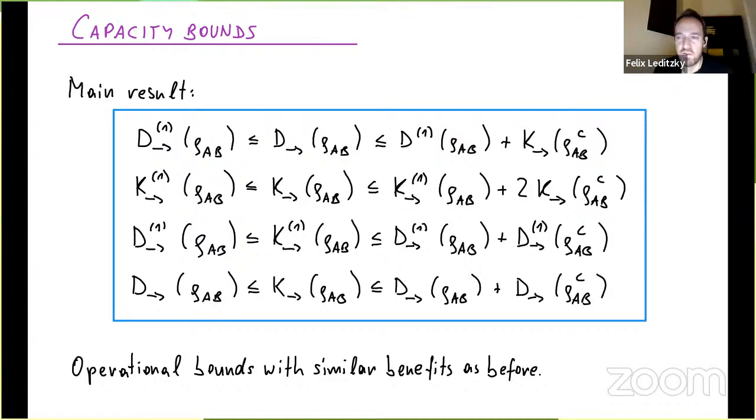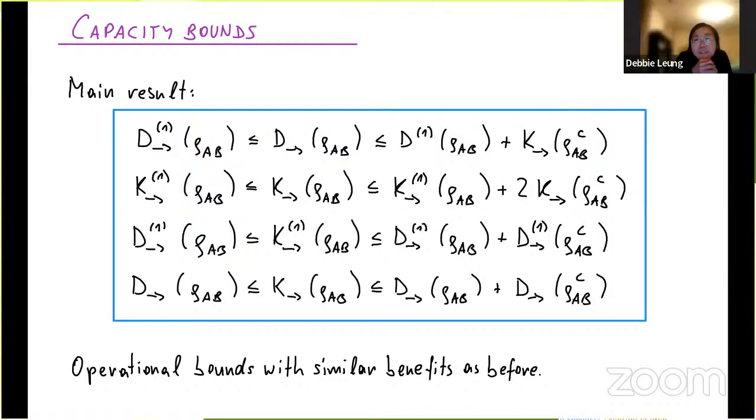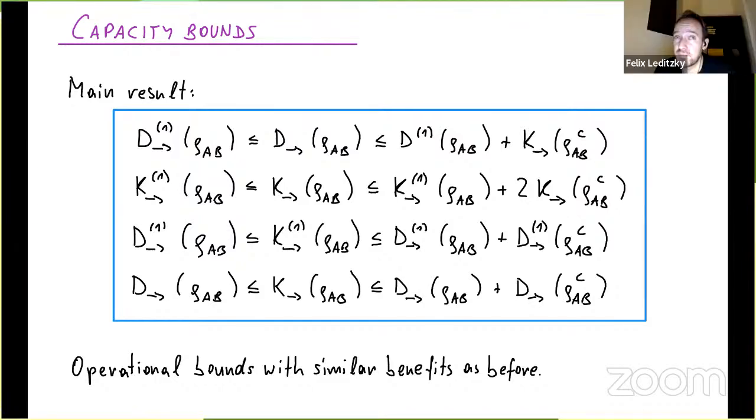I agree that the orders would have to be adapted to this for sure. Is there even a notion of degradability in the two-way assisted setting? A notion that similarly implies additivity, you mean? Yes.